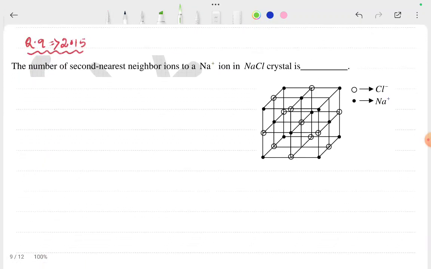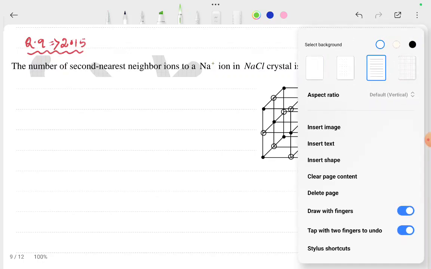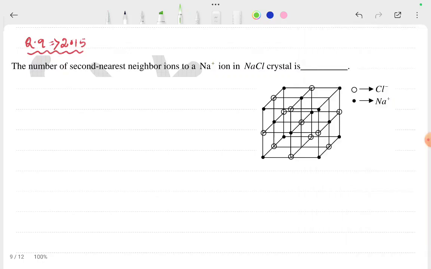Question number 9 in 2015: the number of second nearest distance of Na plus ion in NaCl crystals. Again I told you, don't worry. What we discussed about NaCl and diamond and everything, let's do it.